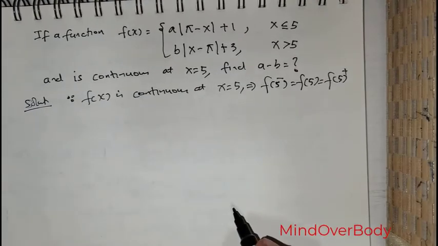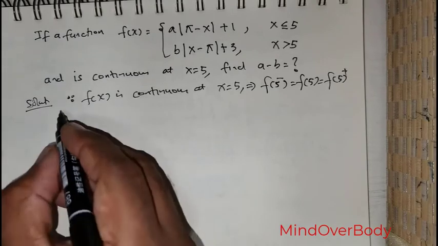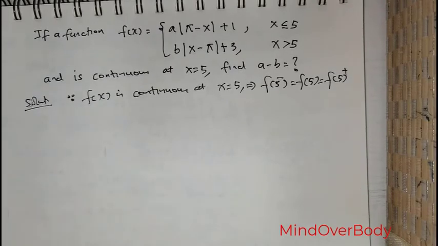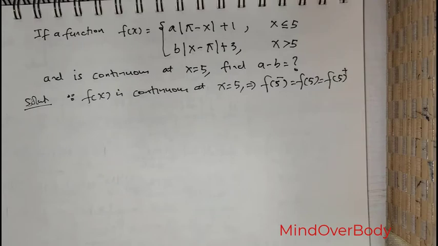So this is going to be true. Now we will actually have to find the value of the function when x is approaching 5 from the left side, and equate it to the value of the function when x is approaching 5 from the right-hand side. So that is exactly what we are going to do.